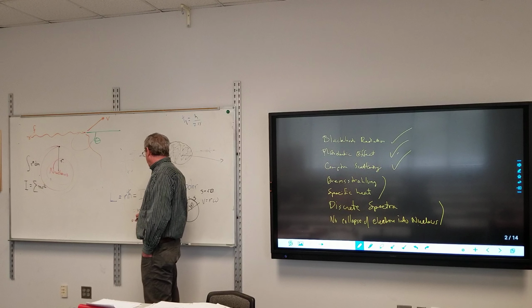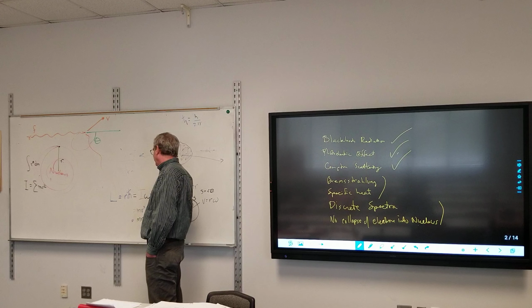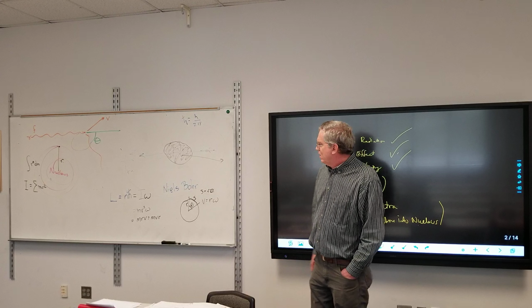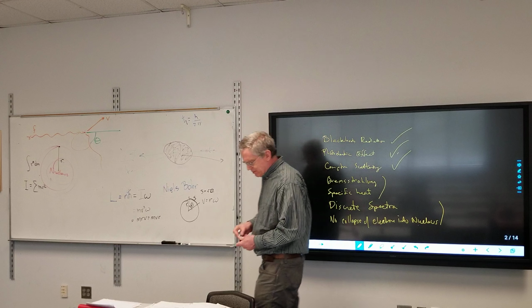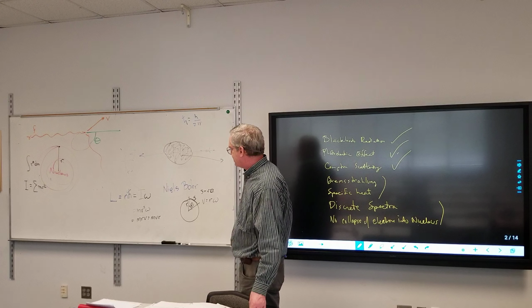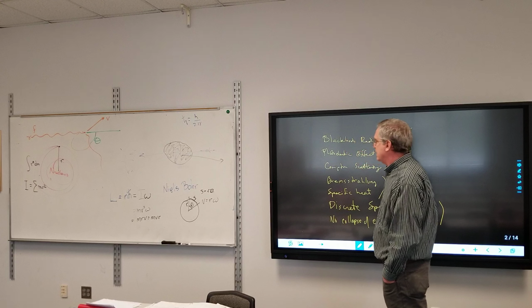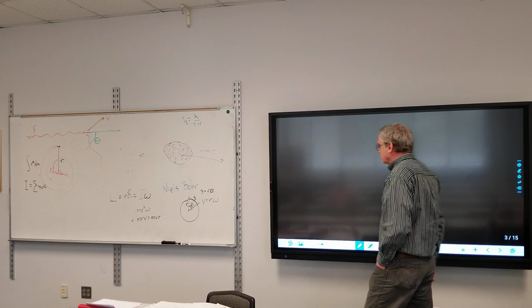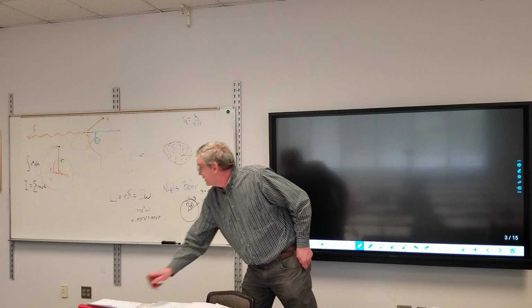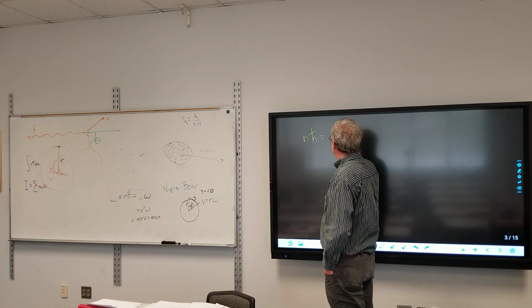So I take one of the r's and the omega, and I get m r v. So I have m v times the radius is equal to n times h bar. So n h bar is equal to m v r.